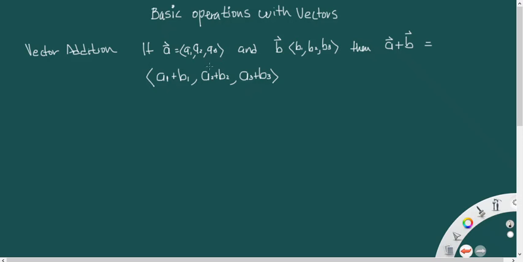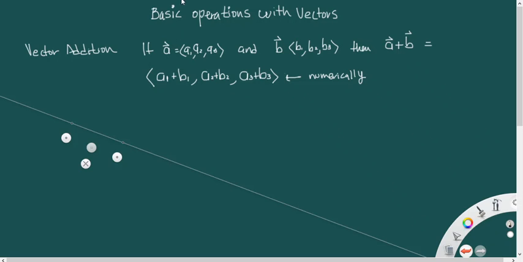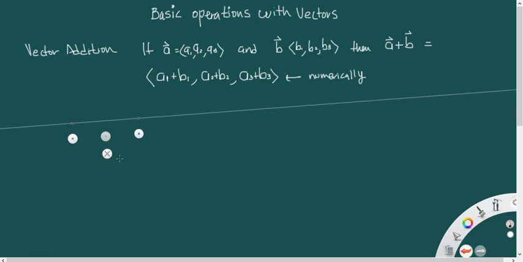And once we have these components defined, we can add them together, just like I'm explaining here. So this is numerically, and there's another way to do this operation, which is in a geometric way.